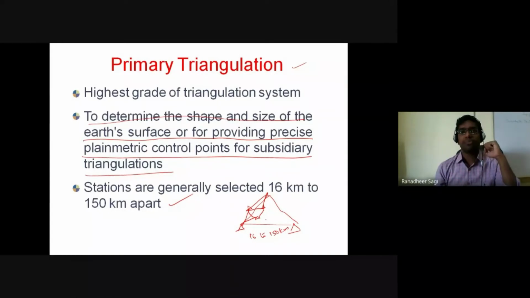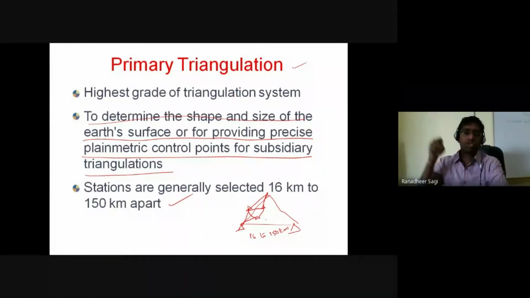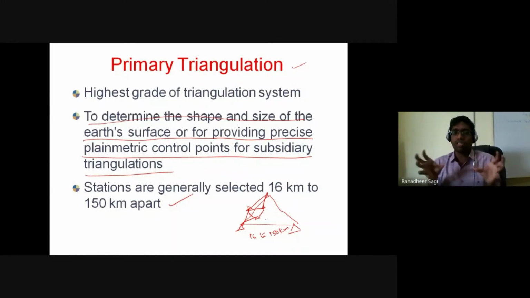I cannot simply make use of the primary triangulation stations to locate the positions of those points, like the temple in Tirumala, or the Golden Temple, or something else. That's why we build another network in between, by making use of the primary triangulation stations, which is called the secondary triangulation network.